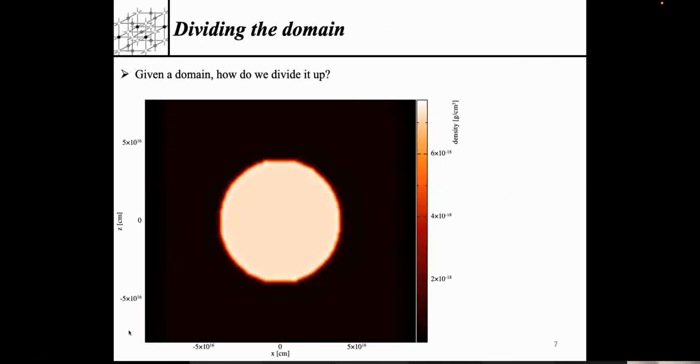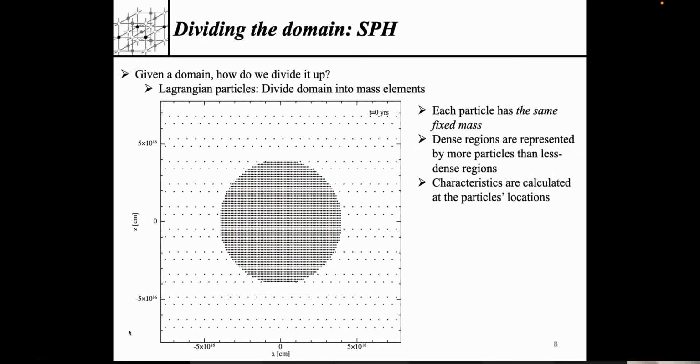So instead, we use a Lagrangian method, and rather than breaking this up into a grid which has cells of finite volume, we split it up into particles that have a specific mass. So what we want to do is take our region and replace it with a lot of little particles. And for stability, it is recommended that each particle has the exact same mass.